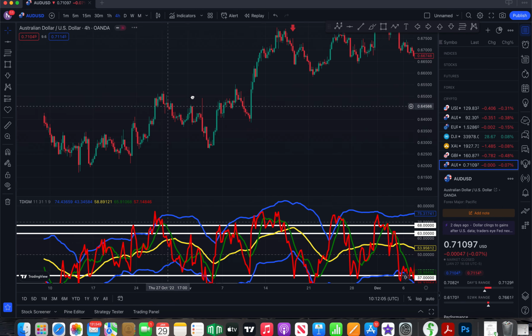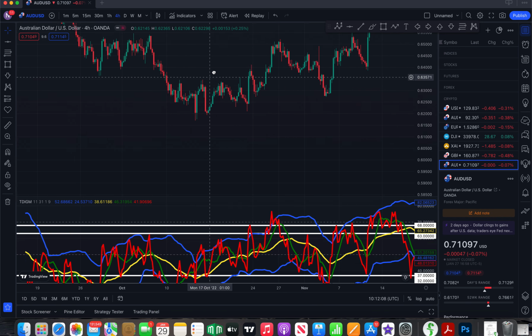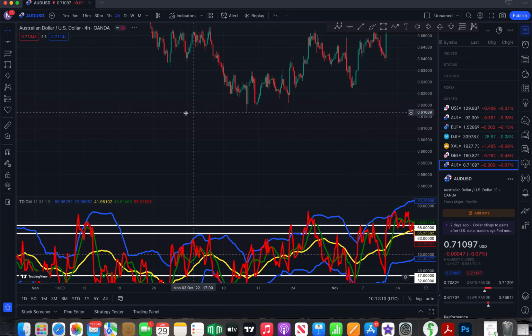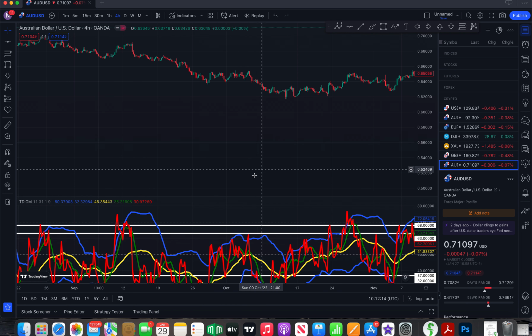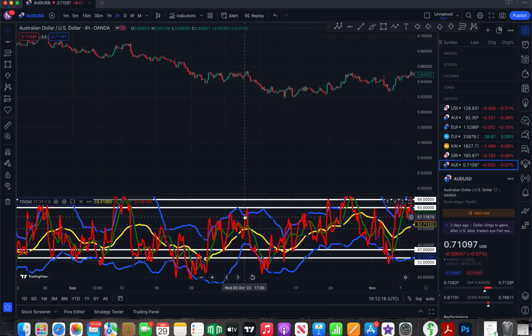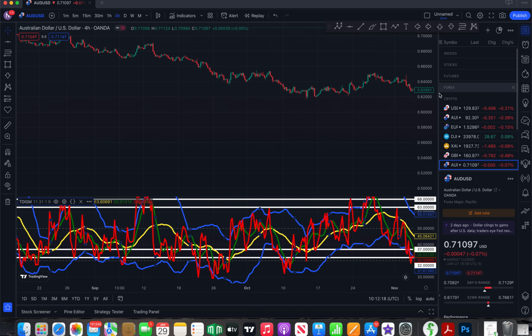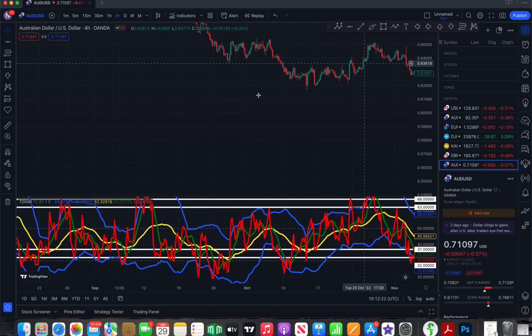Now let's go back and see if we can see a good buying opportunity from this tool. These setups do take quite long, but they do pay out very well. In this situation right here, you have a good buying opportunity.